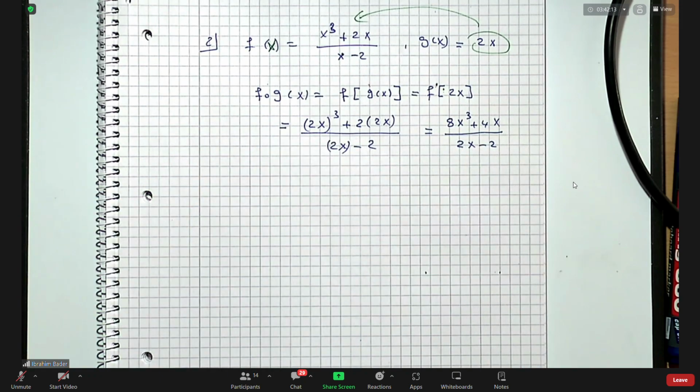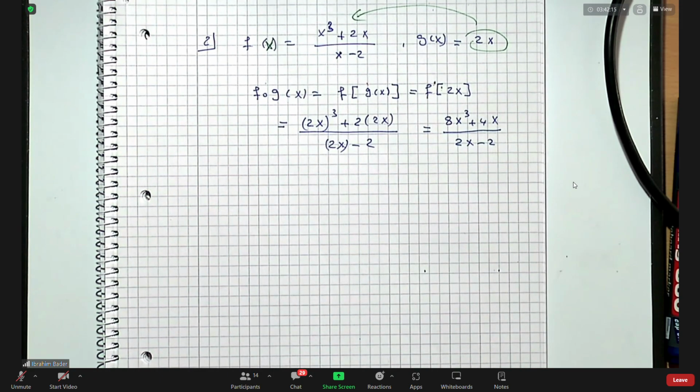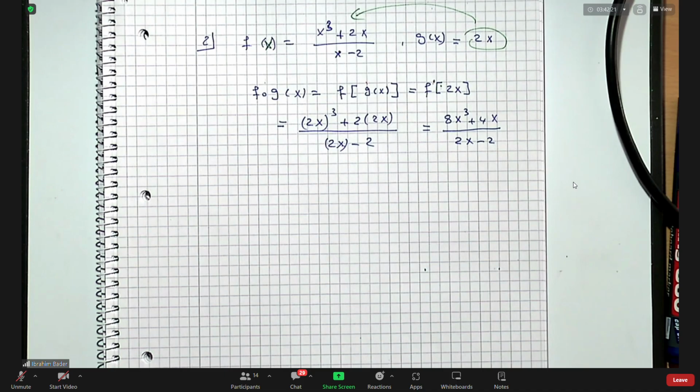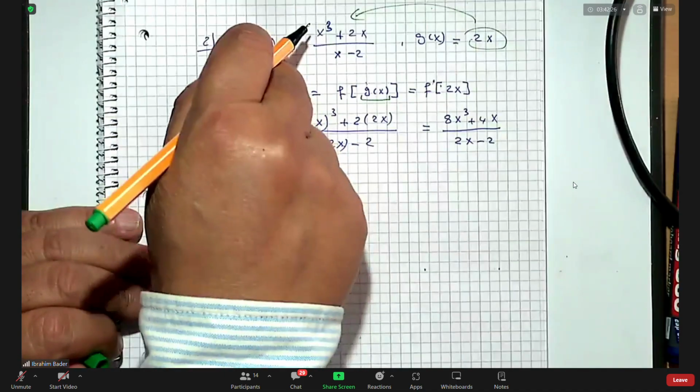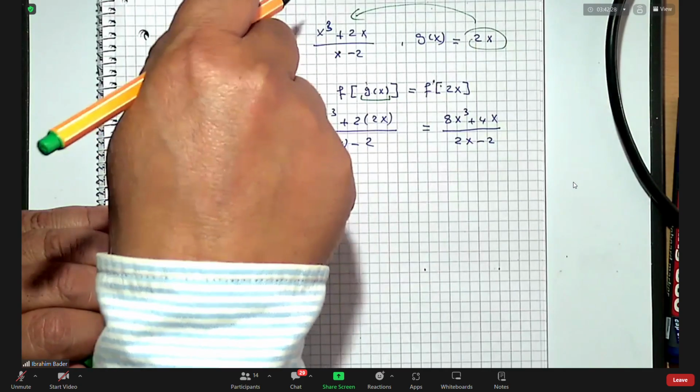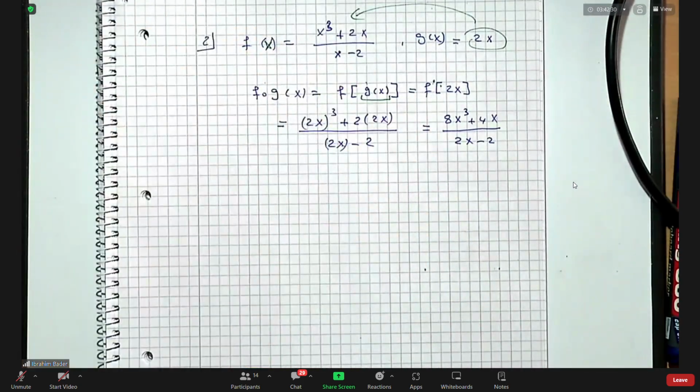You can take 2 as a common factor, but that's all. The thing here is, wherever you have x in the original function, you plug in the value of g of x. That's all.